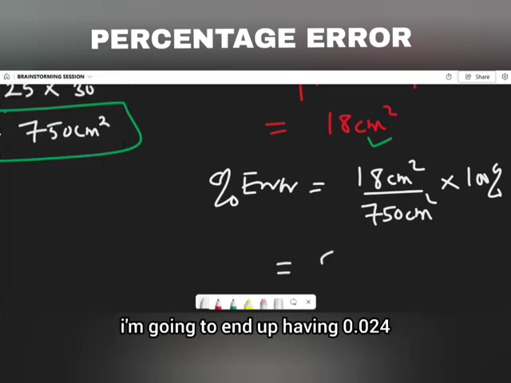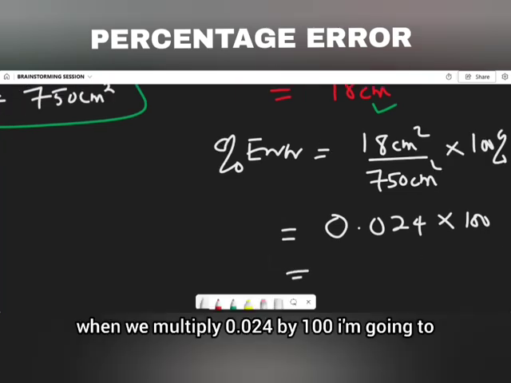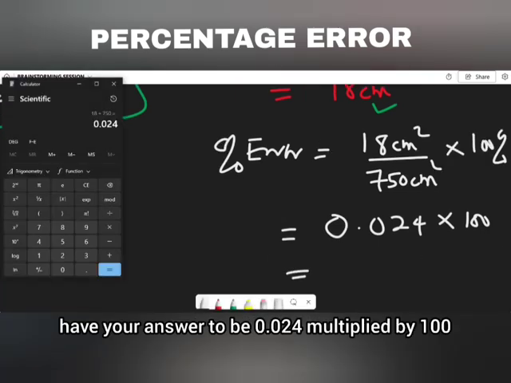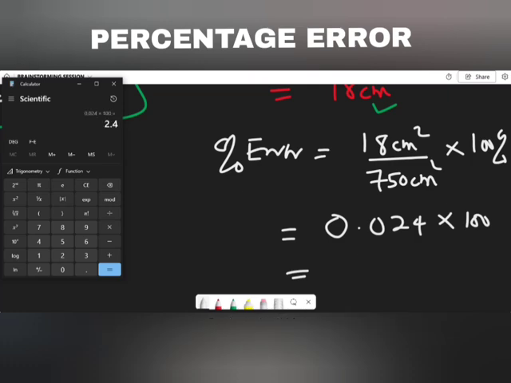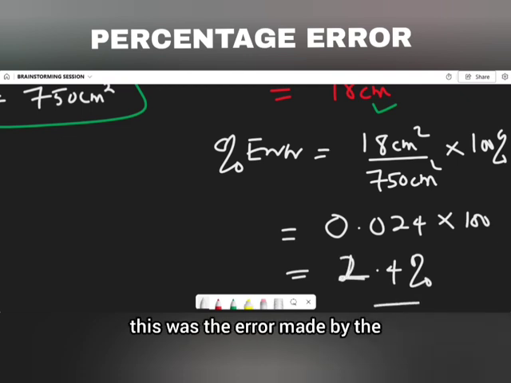We're going to end up having 0.024. Then we multiply it by 100, and 0.024 multiplied by 100 is 2.4%. So this was the error made by the computer.